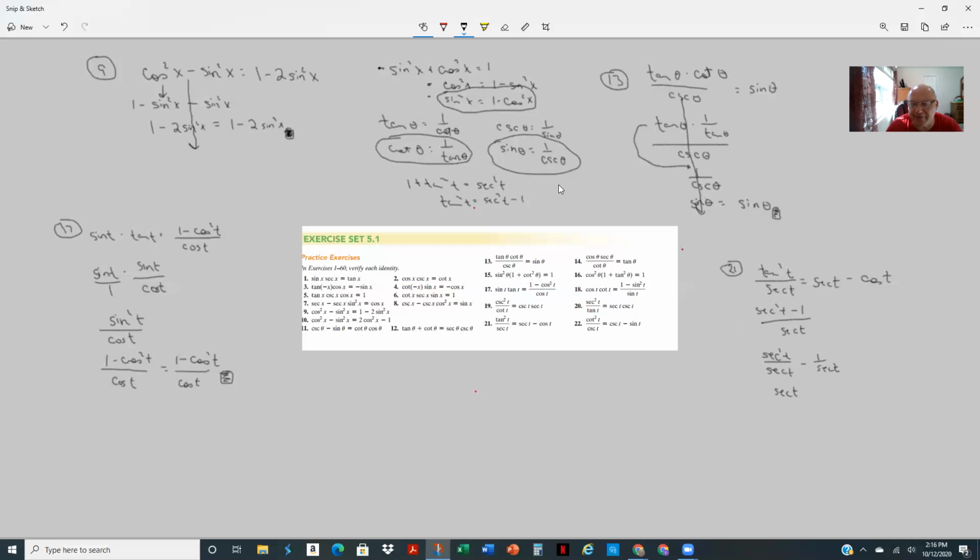If you had secant of t, that's 1 over the cosine of t, and cosine of t is 1 over the secant of t. That's the third of the reciprocal ones I didn't write down a while ago. So 1 over secant is cosine. And that, my friends, is what I needed.